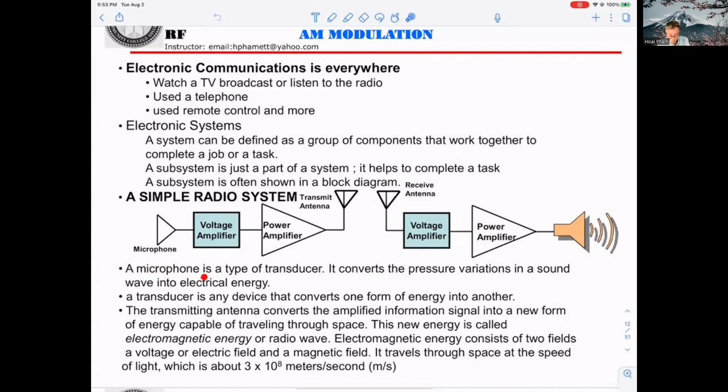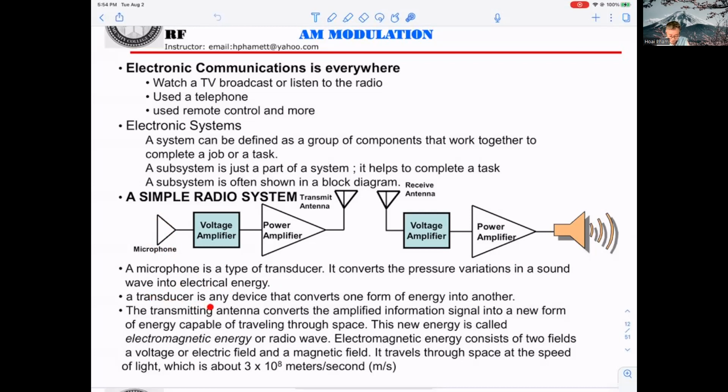A microphone is a type of transducer. It's converting a pressure variation in a sound wave into electrical energy. That's what they're talking about, the microphone.